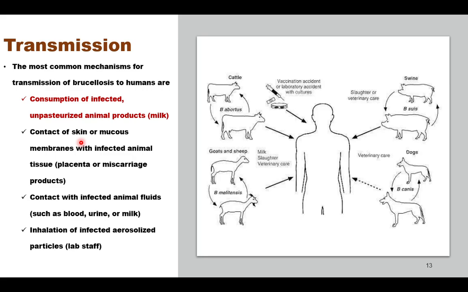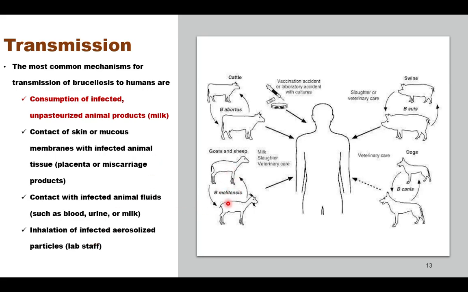Or you were not wearing the face shield and you have splashes of contaminated body fluid. Infection can still be acquired this way. Contact with infected animal fluids such as blood, urine, or milk. Inhalation. This is particularly important in lab workers because when you manipulate body fluid, you can generate aerosols, and at the end of the day, you can inhale this agent.